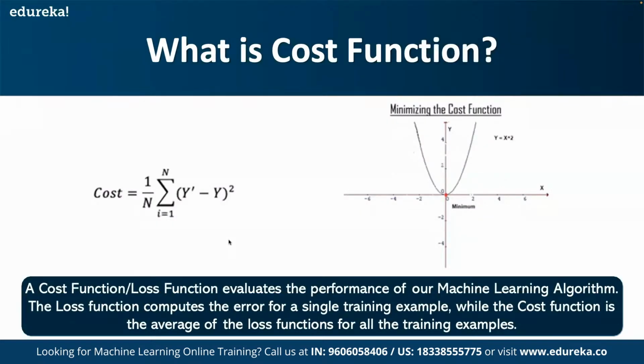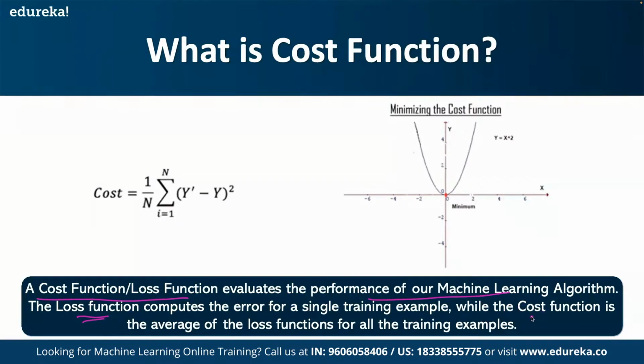So a cost function or a loss function is a mathematical function. And this will help us to evaluate the performance of the machine learning algorithm. What it does is it's going to compute the error for a single training example. That's what the loss function is.